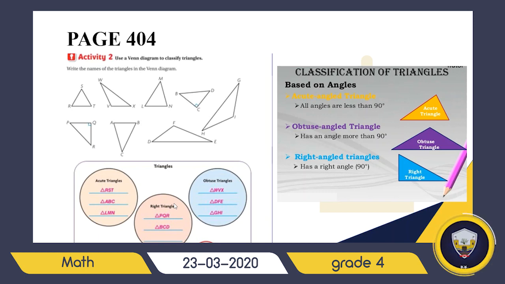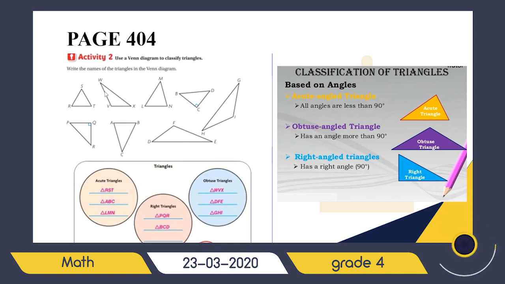Good job. Okay, what about the next? Let's start with triangle RST. It has three acute angles. If it has three acute angles, remember it, it is an example of an acute triangle. Triangle RST, the first triangle, is an example of an acute triangle.